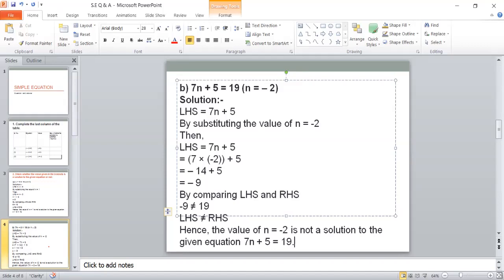If it would be a solution, then definitely whenever we put the value of the variable in the equation, we will get LHS is equal to RHS.